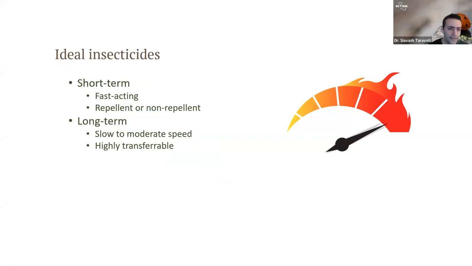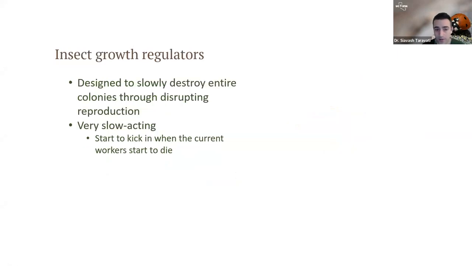So ideal insecticides for short-term control are fast-acting, could be repellent or non-repellent, okay? For long-term, you need to go with slow to moderate speed products to get higher transfer rates and stuff like that.